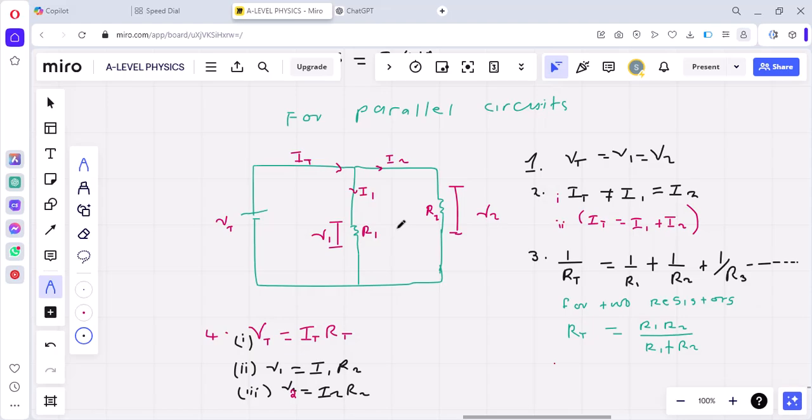Unlike that one, parallel circuits are a bit better as compared to series circuits, because one component can be disconnected and the other components will still be working.